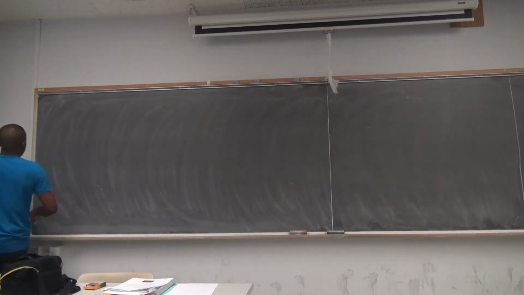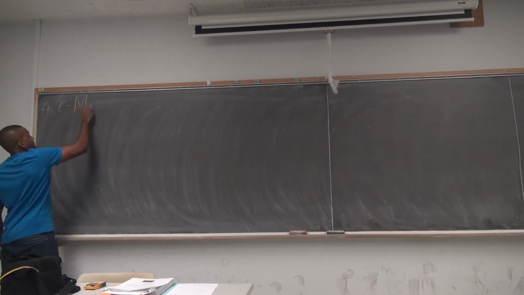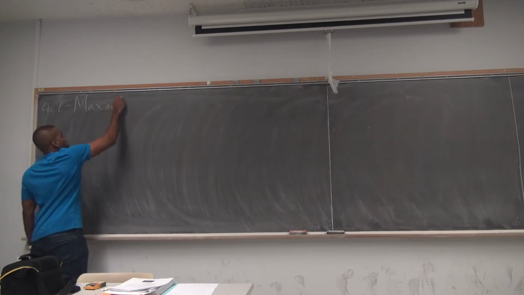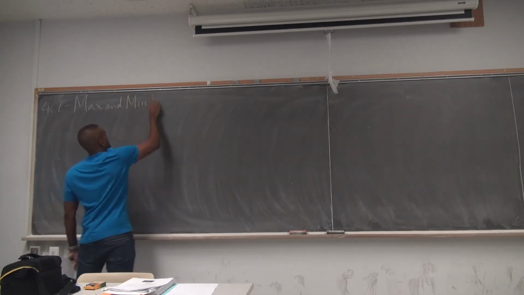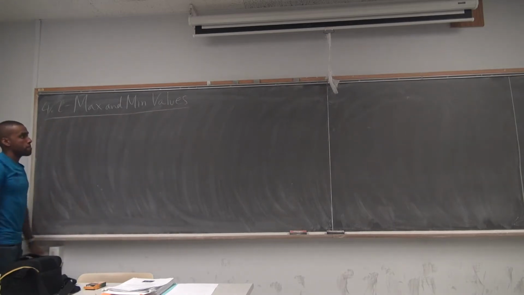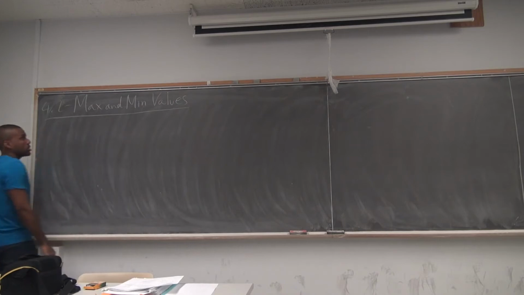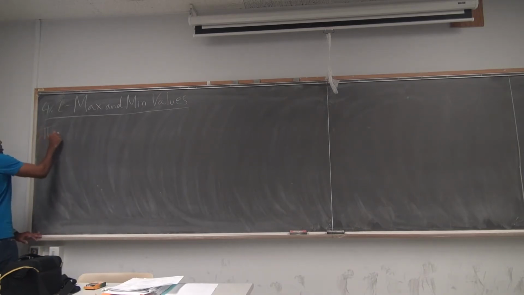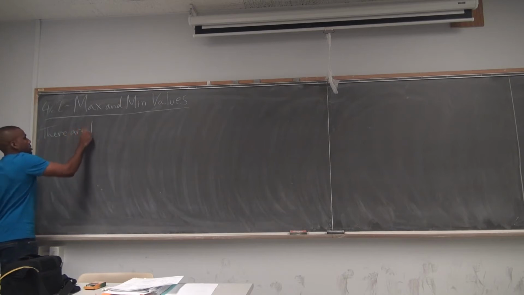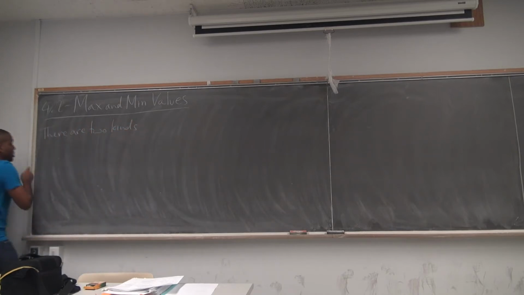So what we're going to move on to now is 4.2, maximum and minimum values. There are two kinds we'll care about.